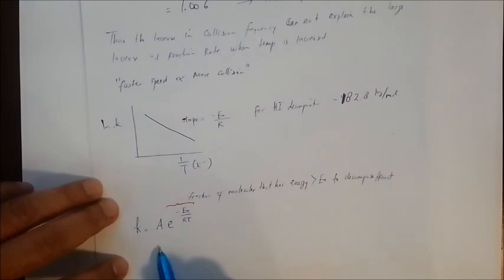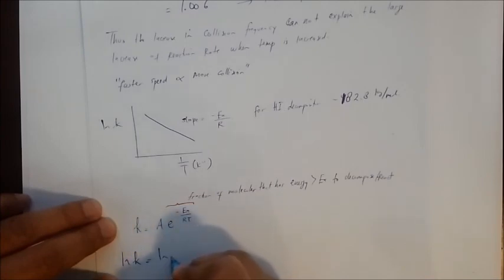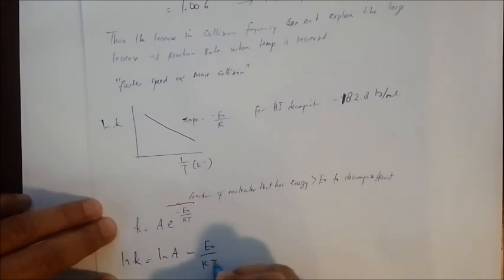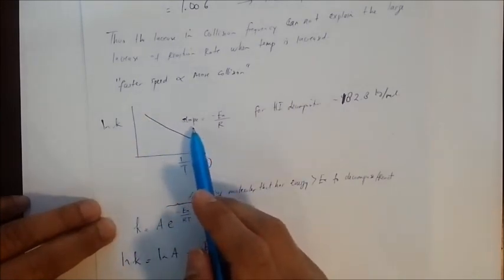If you take ln on both sides, this will be ln k equals ln A minus Ea over RT. When you vary the temperature and plot 1 over T in Kelvin versus the ln of the reaction rate constant, you will get a straight line that has a slope of minus Ea over R.